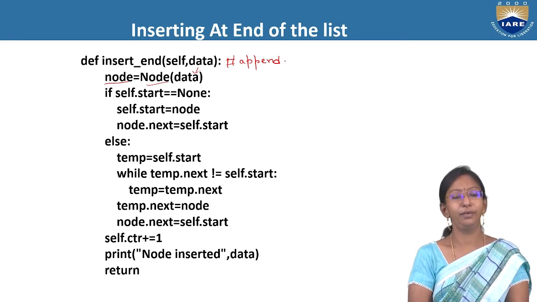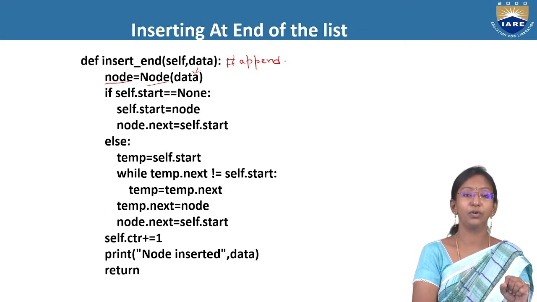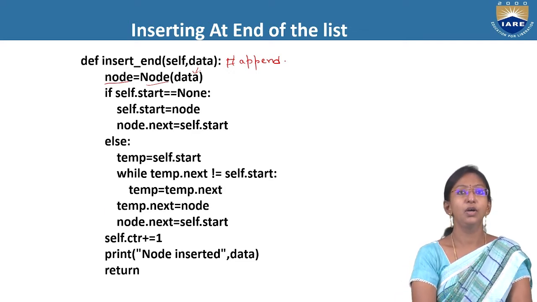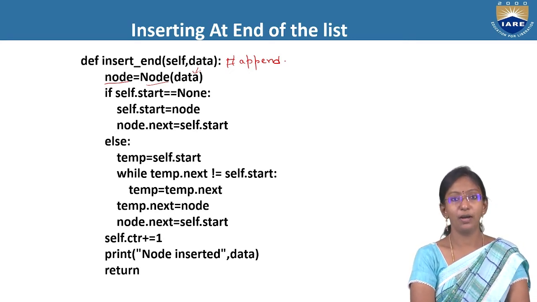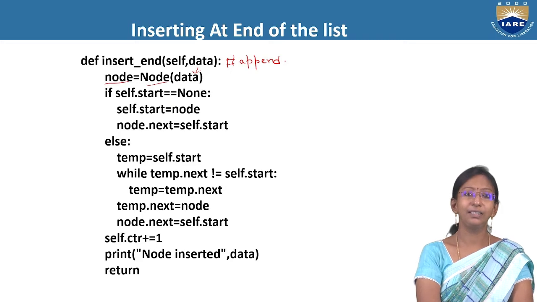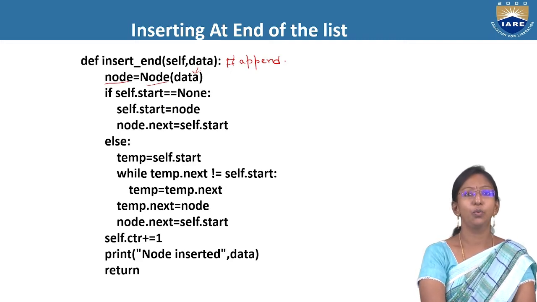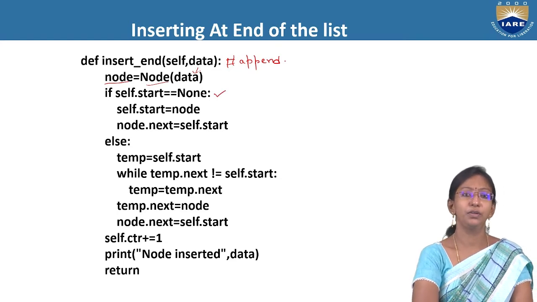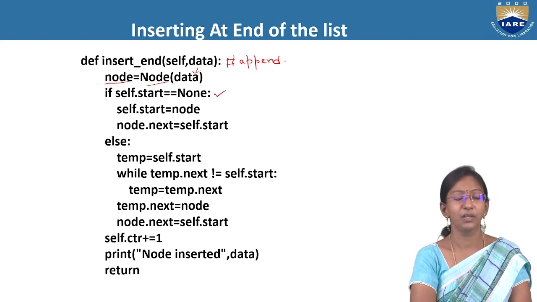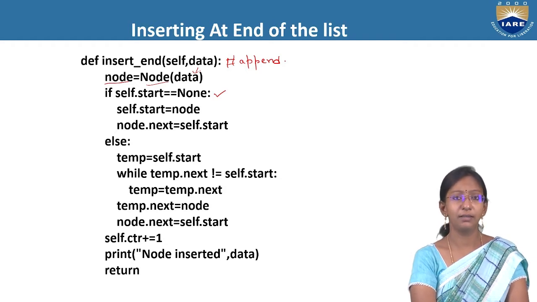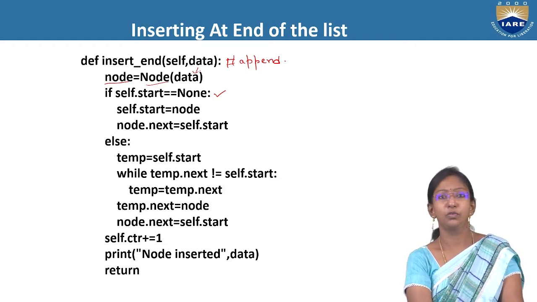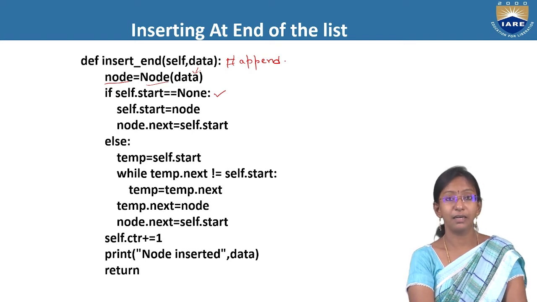The other is where you have a handful of elements and you're trying to insert another element, that is, you're trying to append an element, right? So these are two different cases, my dear. Let's start with the first case, where the circular linked list is not yet created. That is, if the start pointer is holding None, then we can clearly say that no list has yet been started.